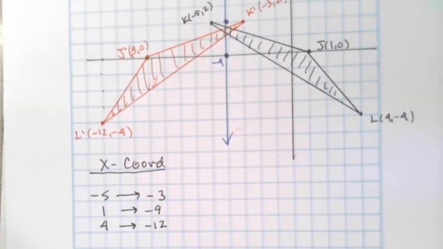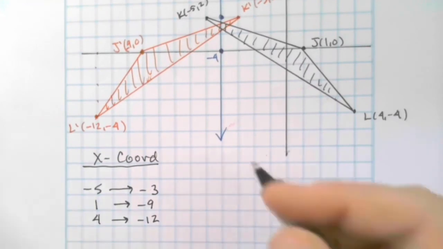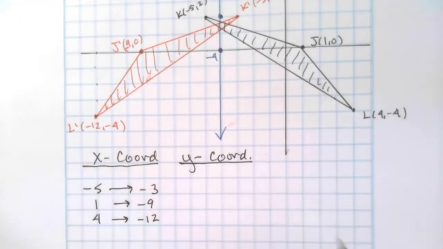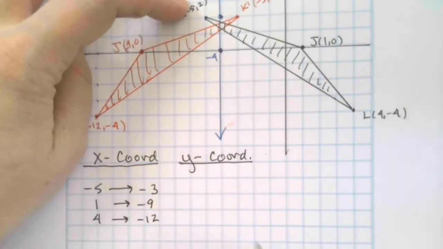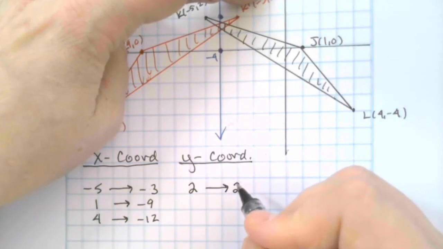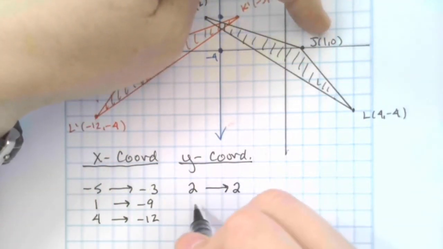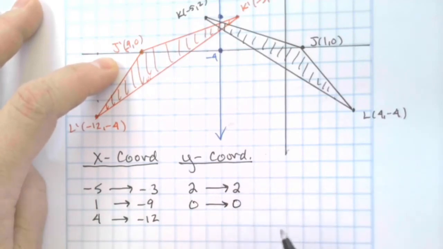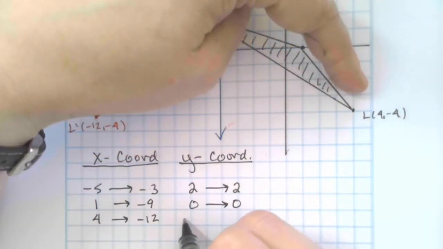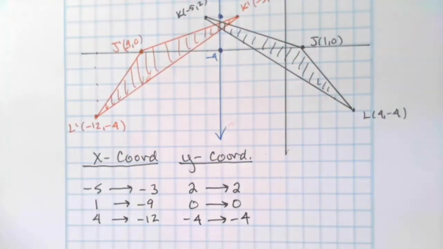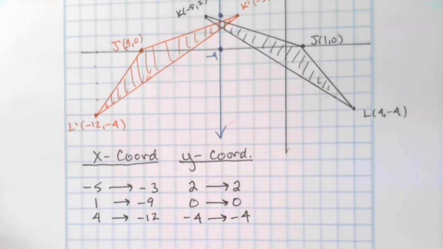So the y coordinates in this particular case, let's do the same thing. You're going to notice something in a pattern. My y was 2, my new y stayed 2. For J, my y was 0. For the new J, it stayed 0. For L, the y coordinate was -4. It stayed a -4. So it appears that nothing has changed for the y coordinates, only the x coordinates.